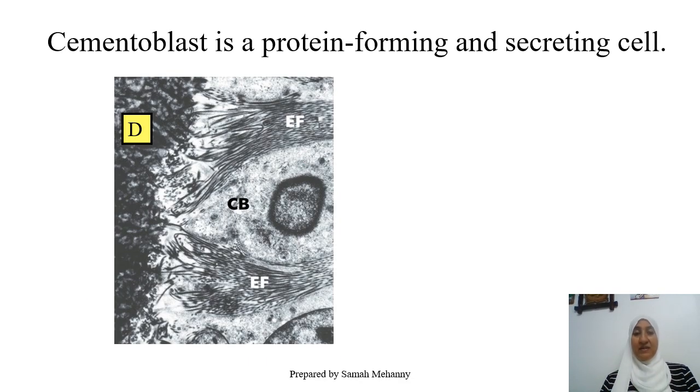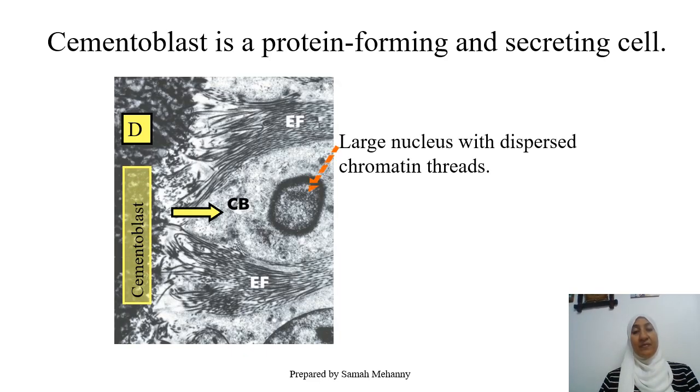The cementoblasts are protein-forming cells, meaning that they have a large open-faced nucleus if we describe it by light microscope, but here we have an electron microscopic picture, due to this obvious nucleus and these fibers.